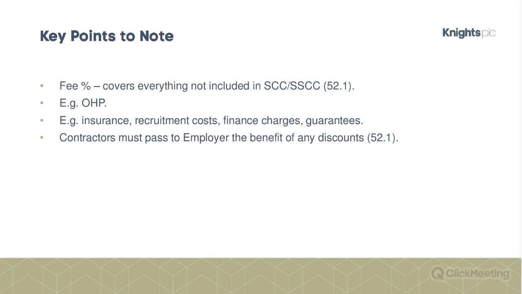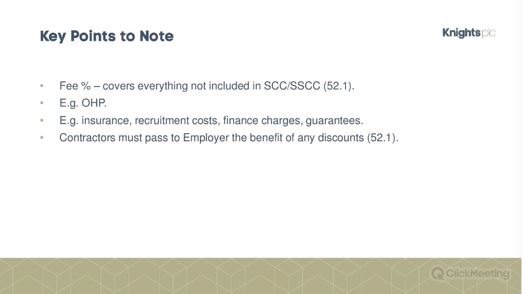So what does your fee percentage cover? The first thing, it covers your overhead and profits. So that is probably the biggest chunk. But note that it does include other items. It's set out in the guidance notes, some of the items, but some of them are here. So insurance, so that goes back to the point that I made before.